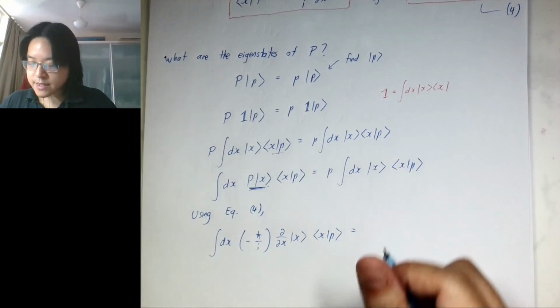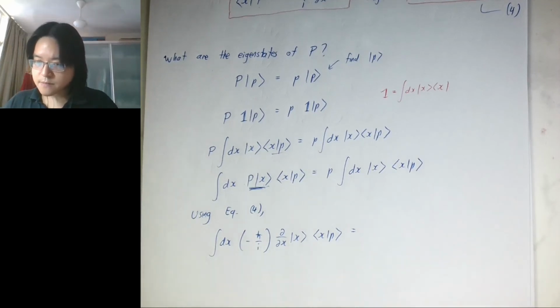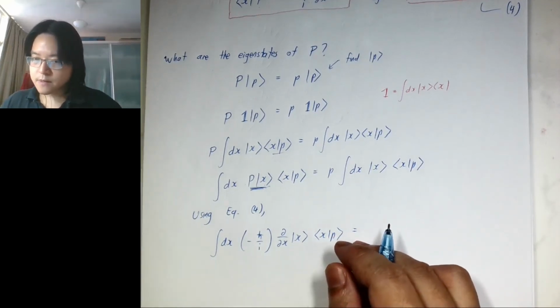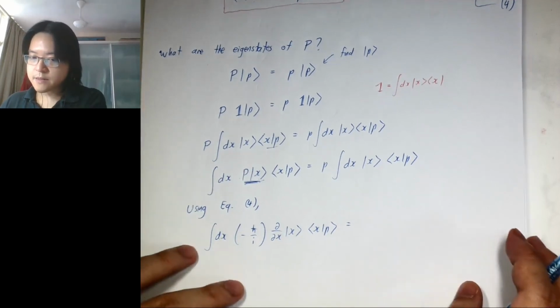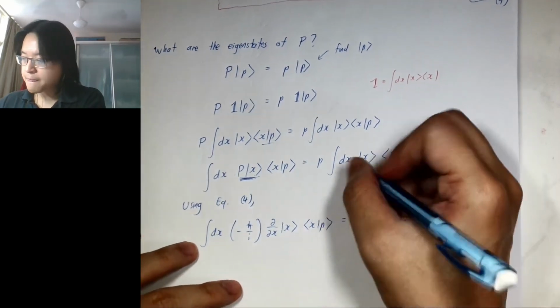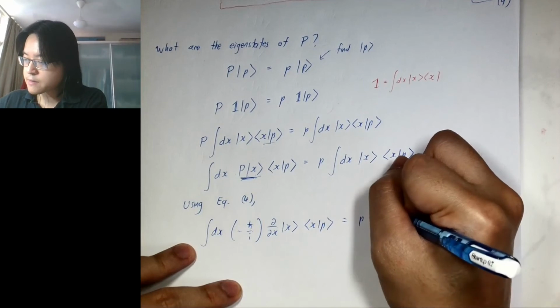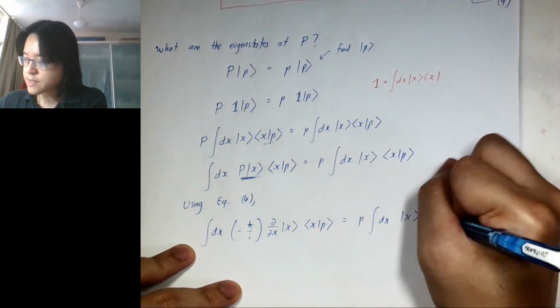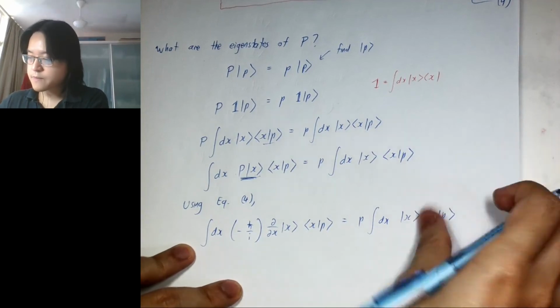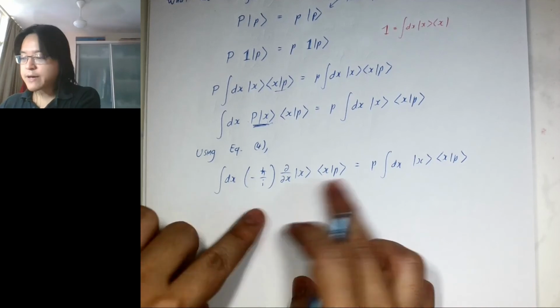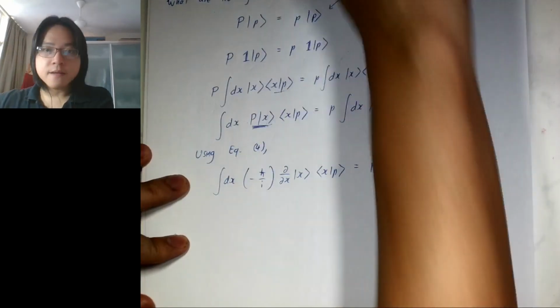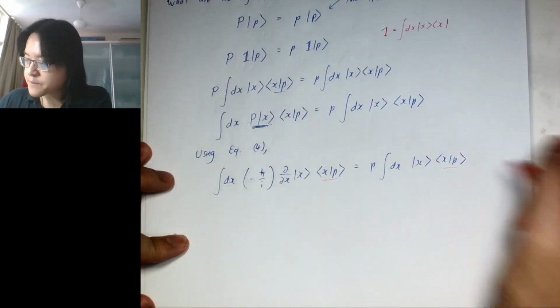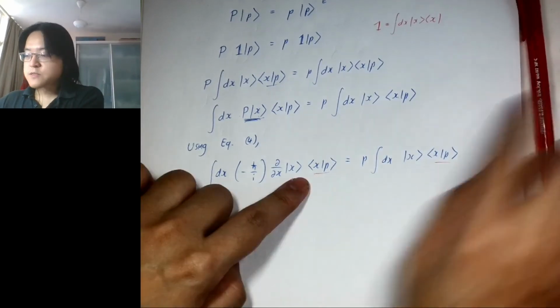And then on this side is p integral dx, and then I got <p|x>, and then <x|p>. Okay, so now I come to this equation. Now let's look at <x|p>. So what is <x|p>?